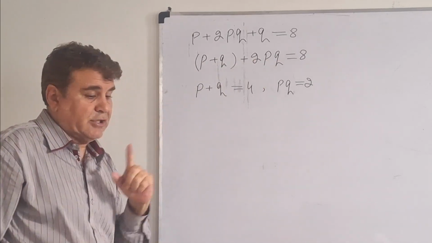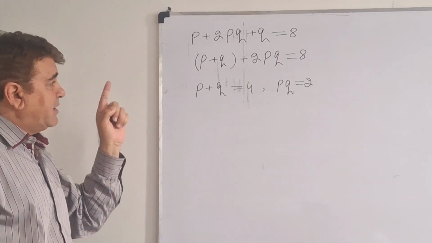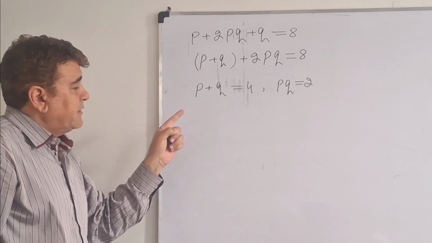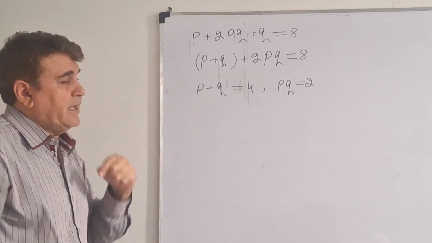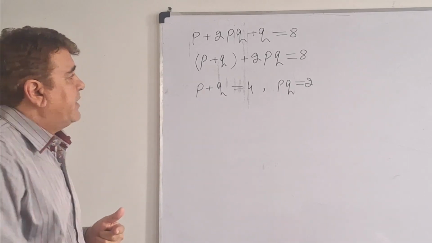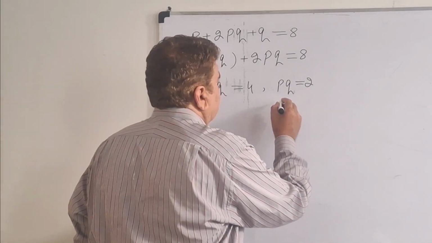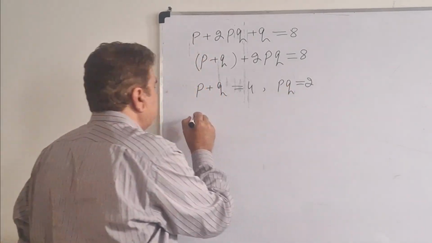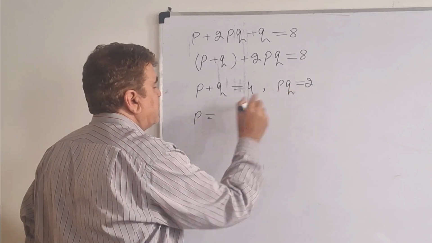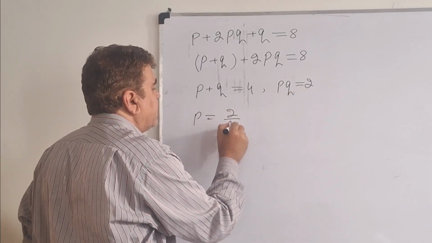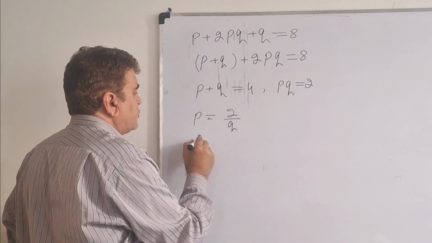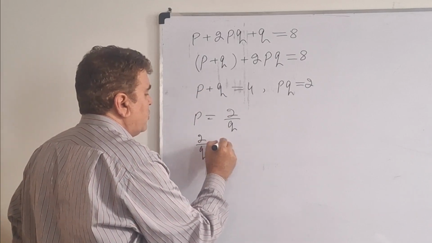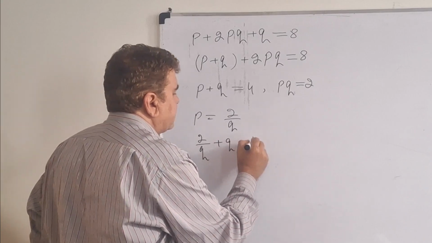But remember, this is not a correct way to solve the equation, because these choices do not lead to an integer solution for P and Q. And you can try that very easily. You can do that for yourself by first finding P from this equation to be 2 divided by Q, and substituting the value of P in this equation to make this 2 divided by Q plus Q equals 4.